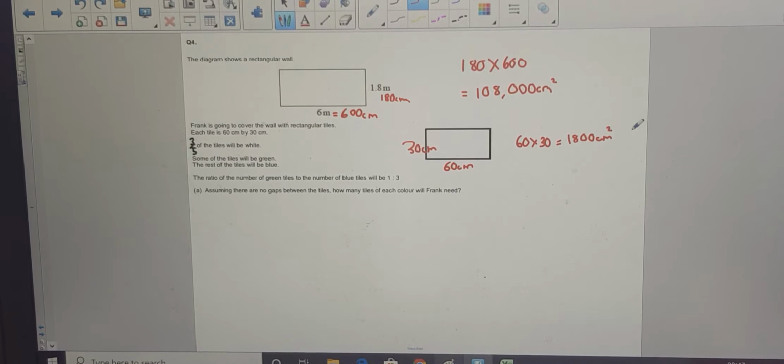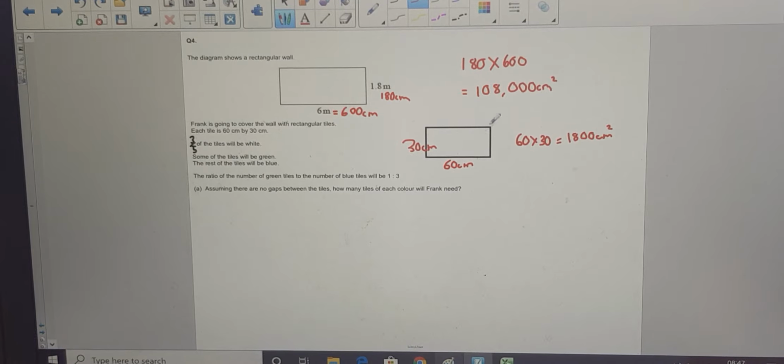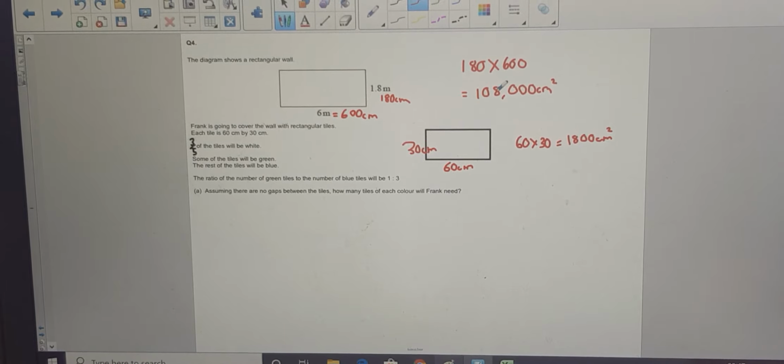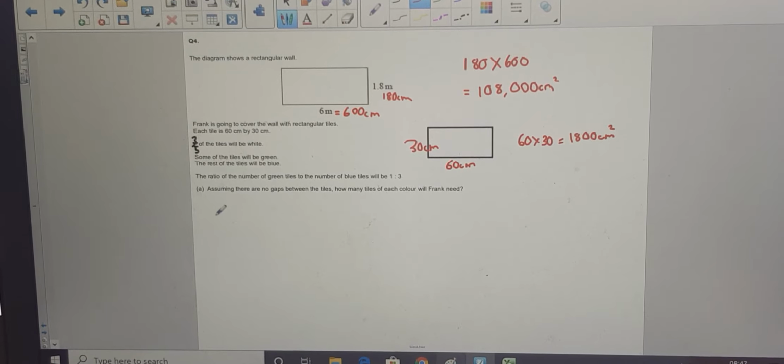So I'm thinking, how many lots of tiles can fit into this? How many lots of 1,800 can fit into 108,000? So I'm going to do 108,000 divided by 1,800.